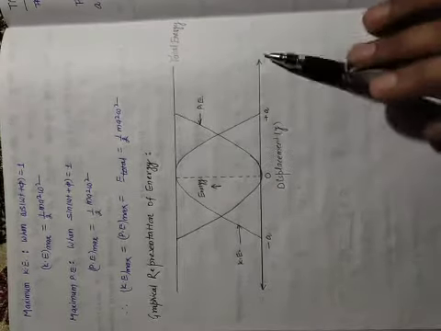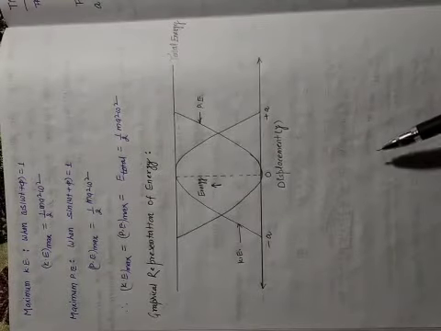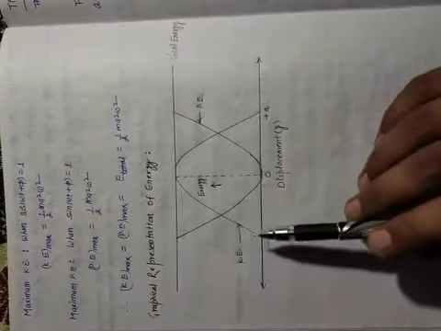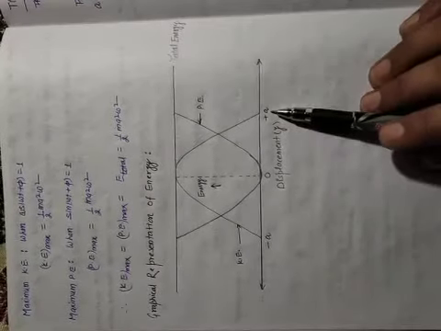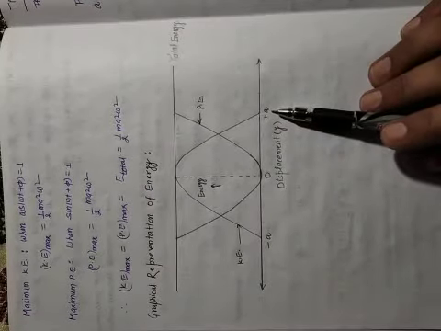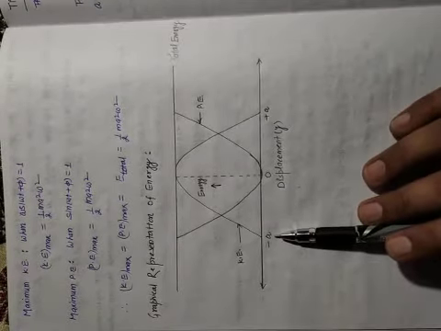On this axis there is displacement, and on this axis there is energy. First look at the kinetic energy. This is the maximum displacement on the positive side, and this is the maximum displacement on the negative side.